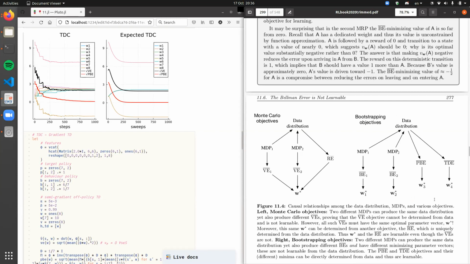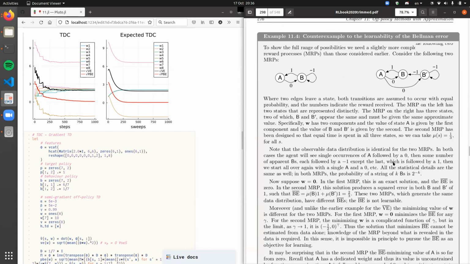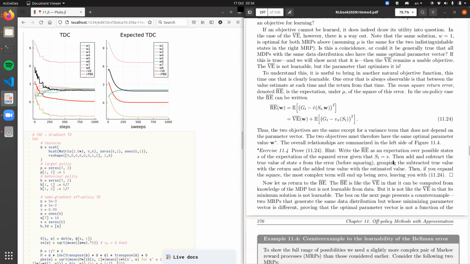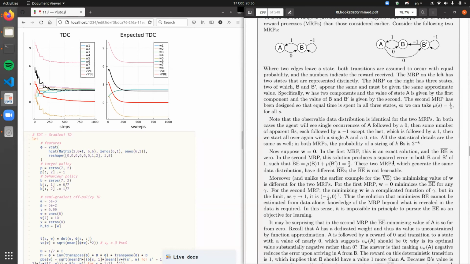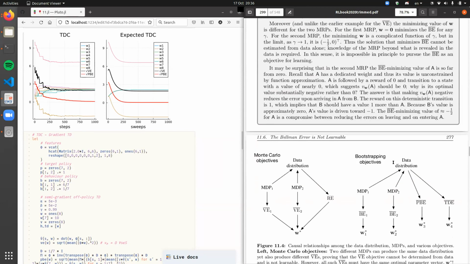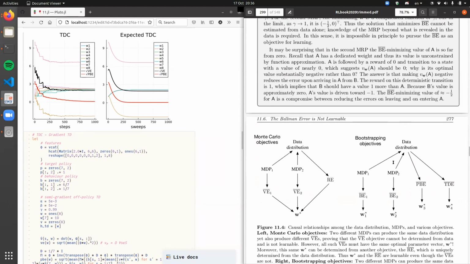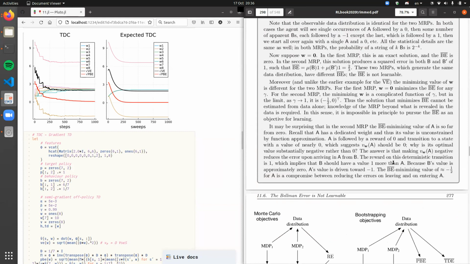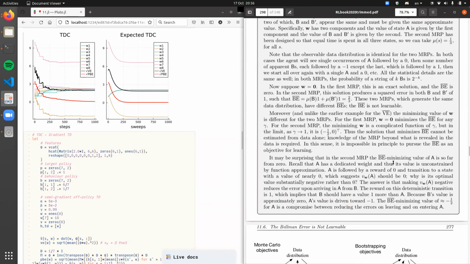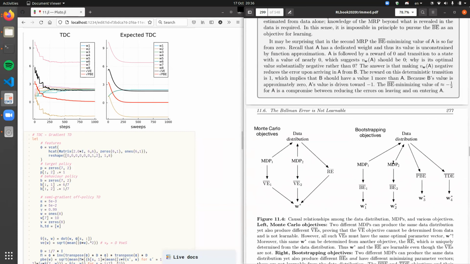And also in both cases, we have a corresponding W that minimizes the projected Bellman error or TD error. All right. So I do realize that this is kind of a bit complicated, and maybe I'm not doing the best job of communicating the ideas behind it.